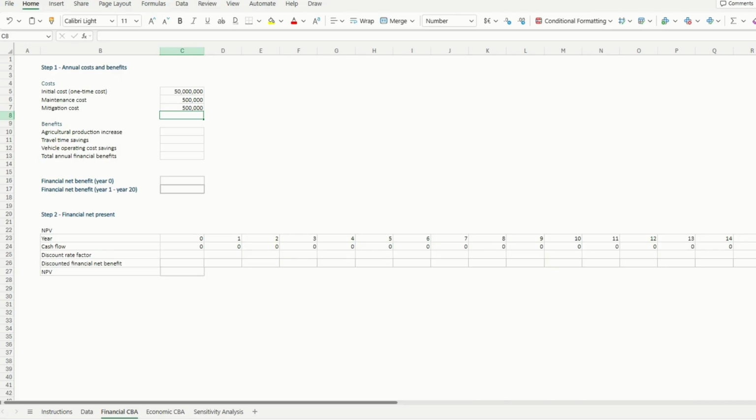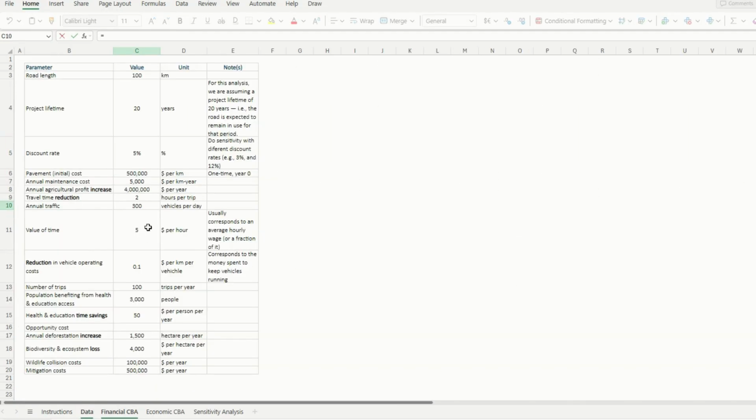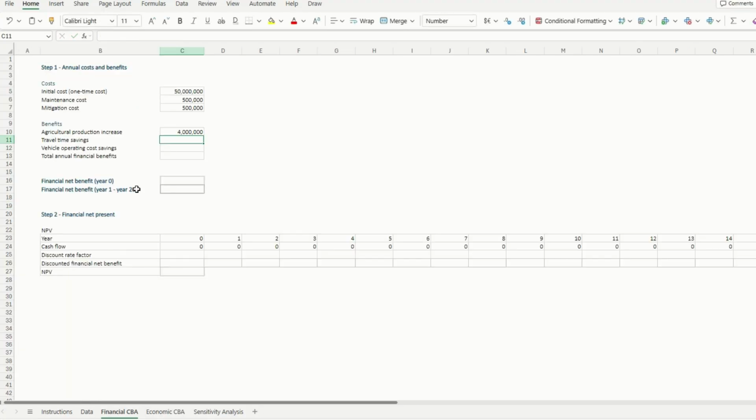Now the benefits. The first financial benefit that we have is the agriculture profit increase. This is given in the assumptions as, let's see, $4 million per year. It represents the higher income farmers earn from reaching larger markets and reducing spoilage. We have the travel time savings here.